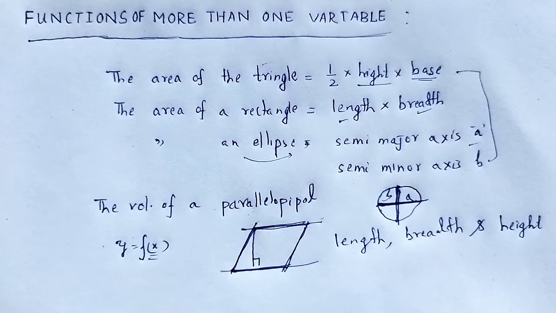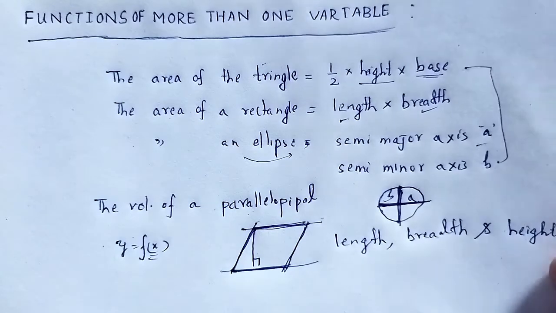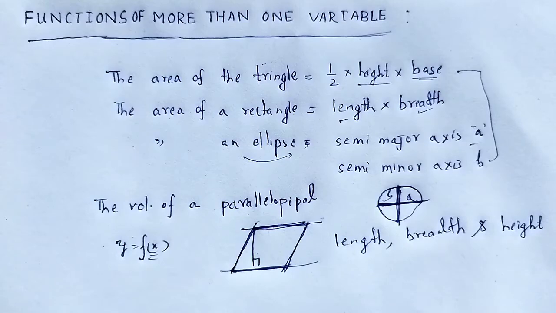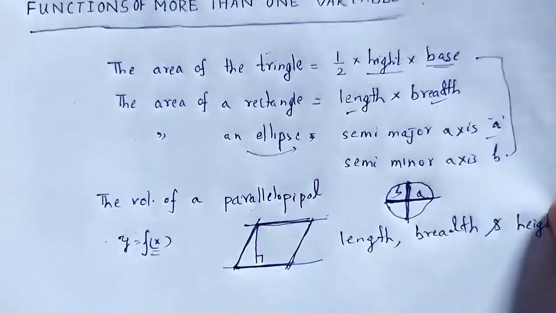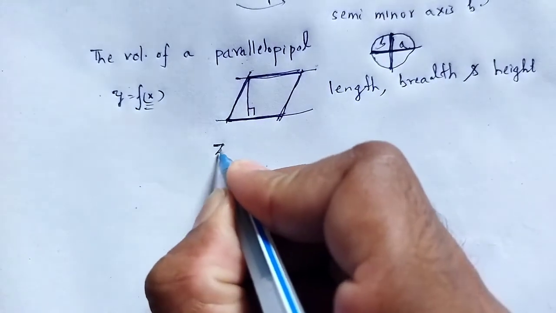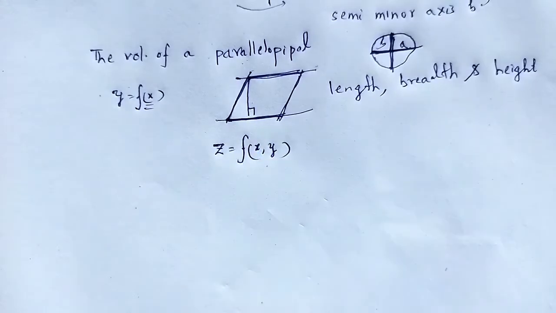So we can mathematically write that z is called a function of two variables x and y, if z has a unique value, or we can say a definite value, for every pair of values of x and y. We can write it as z is a function of x and y.